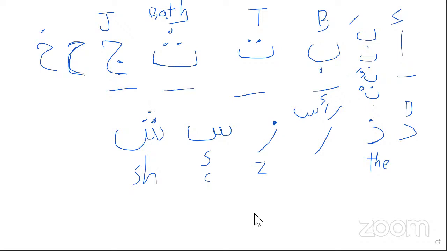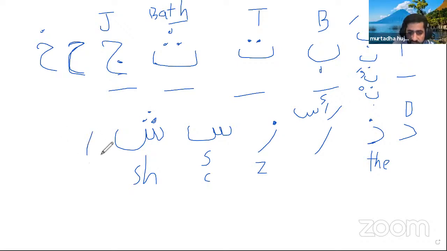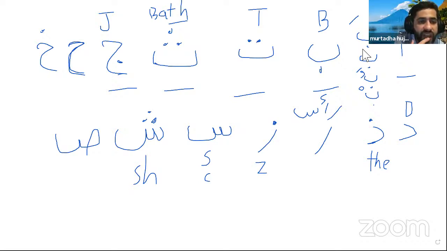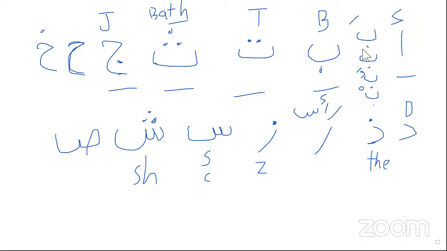Then we have sad. Now they start to get a little bit harder to pronounce, huh? Sad. Look at my tongue. When I say it, my tongue is here. Sad.